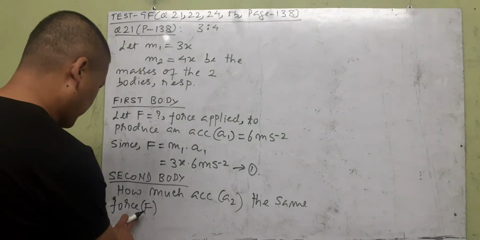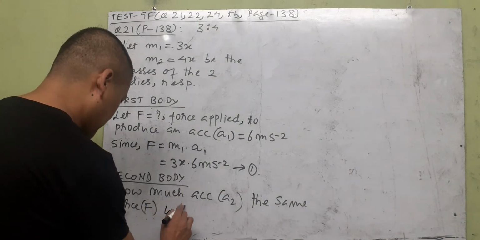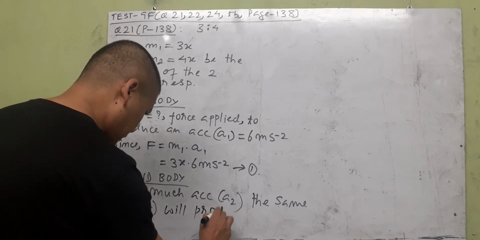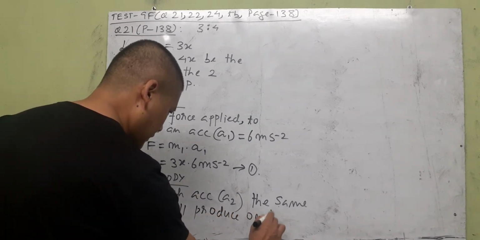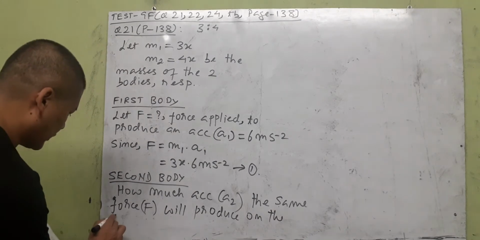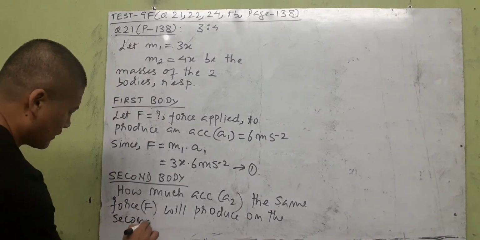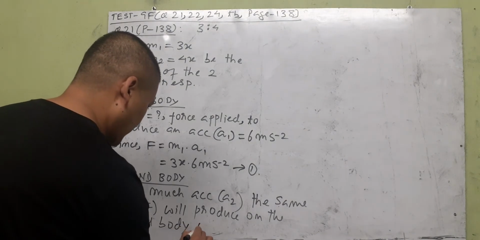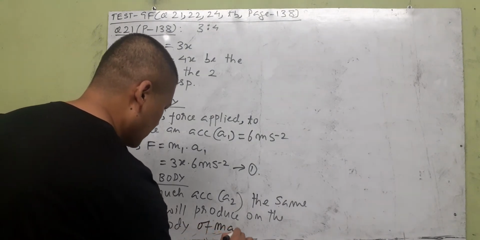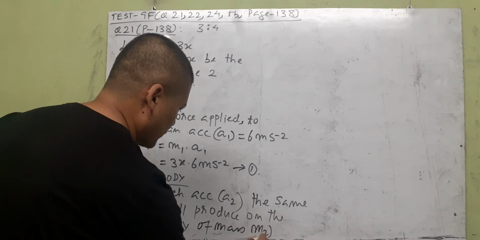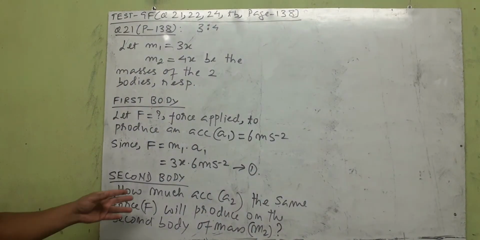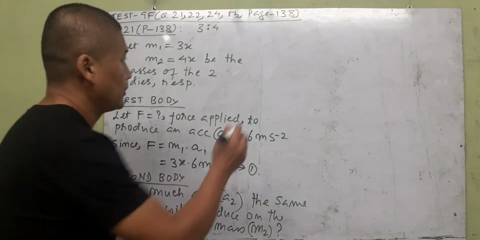How much acceleration will the same force F produce on the other body? Other body here means the second body, which is of mass M2. So this is what we have to solve. We need to find A2.